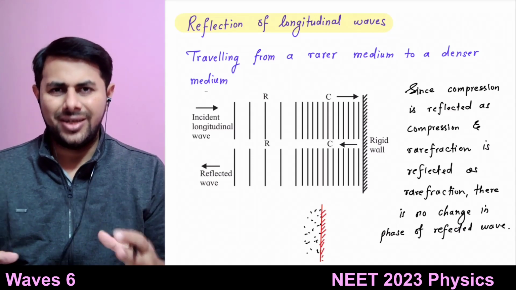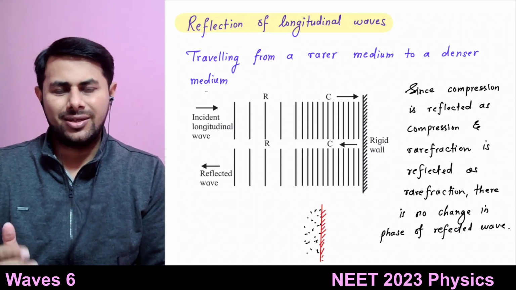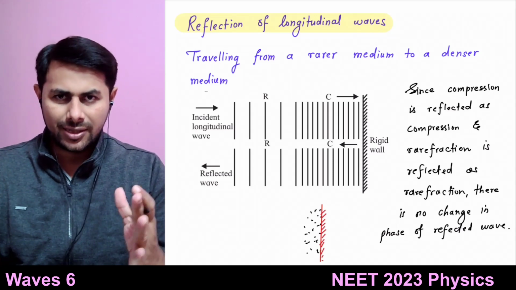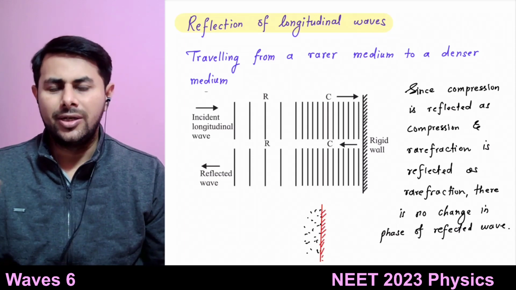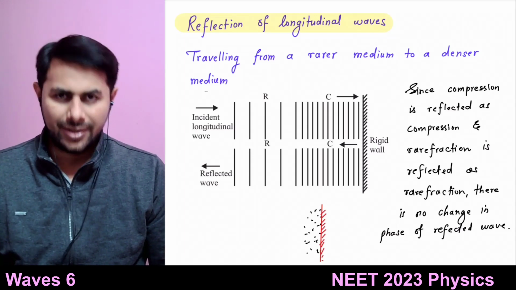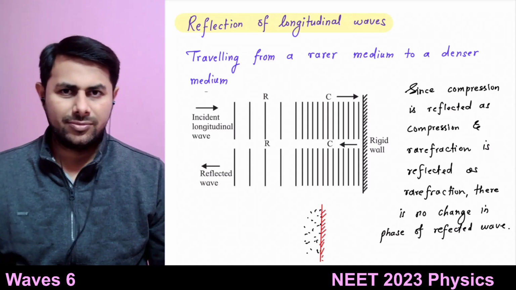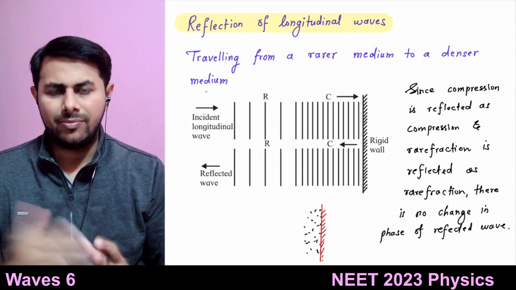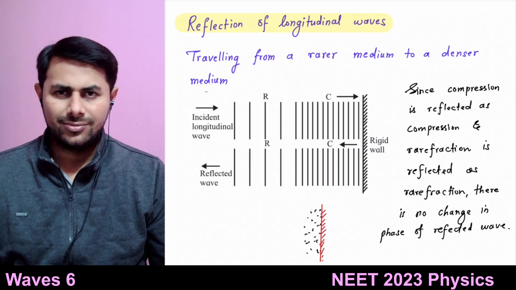Again the density of the medium is not changing. If the density was large, it will remain large; if it was less, it will remain less. So compression gets reflected as a compression when a wave travels from a rarer medium to a denser medium, and rarefaction gets reflected as a rarefaction.